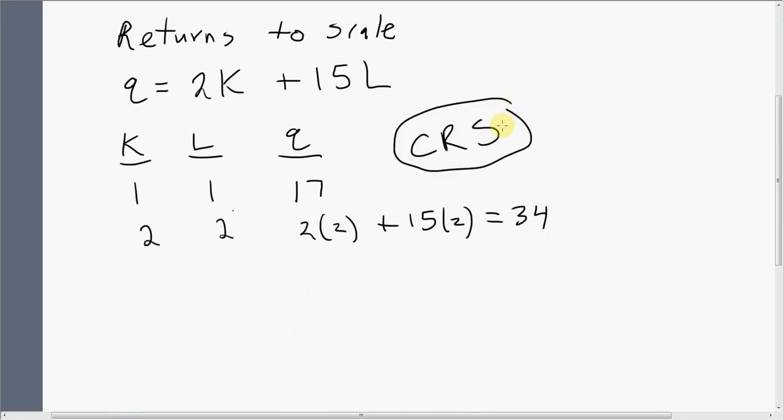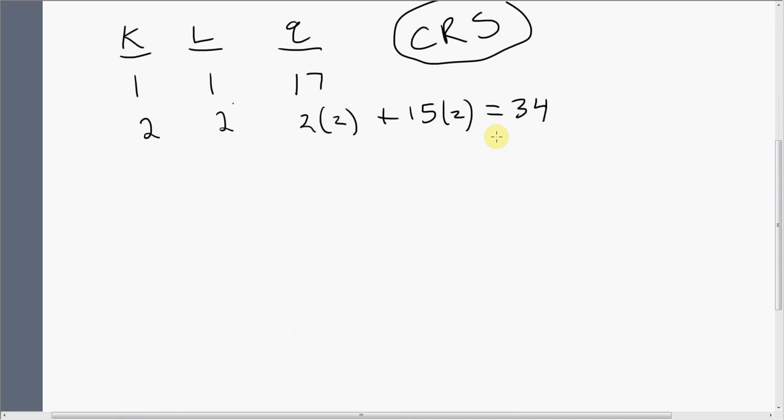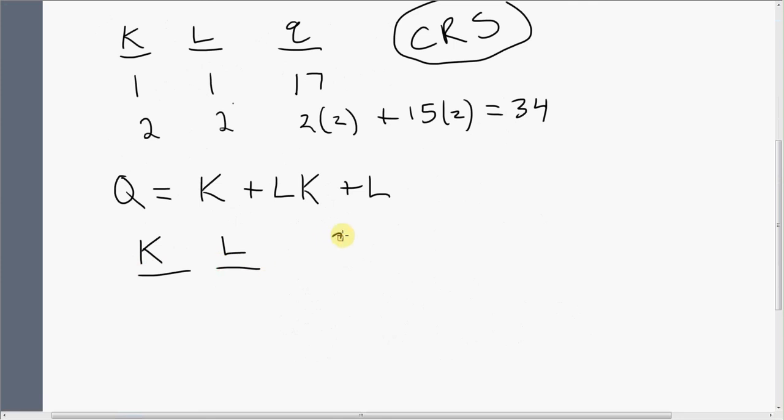Let's do another example. We'll put 1 and 1 into this production function. We're going to solve that.